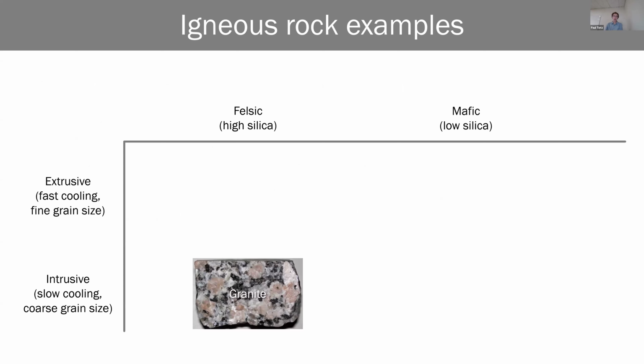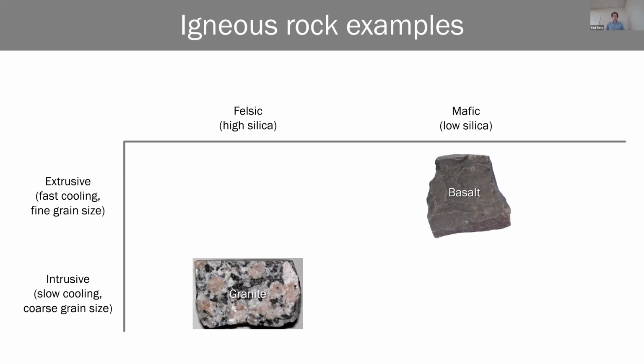Very pretty, great for countertops. You have all these different colors, all these different large grains, you can actually see each component of a granite rock specimen. And then our fast cooling mafic, lower silica example that we talked about before was basalt.